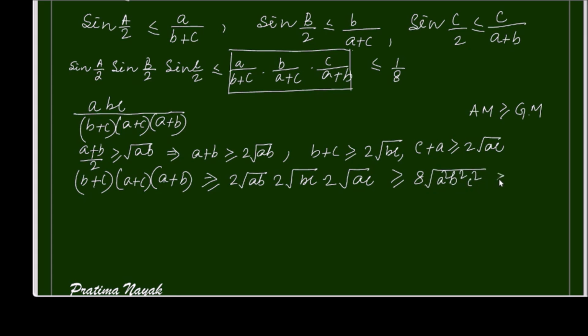So this is greater than or equal to 8abc. So when the denominator is greater than or equal to 8abc, abc over (b plus c)(a plus c)(a plus b) is less than or equal to abc over 8abc, and certainly it will take the equality sign.